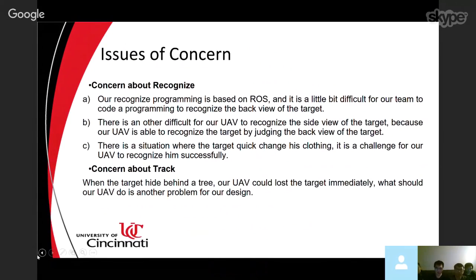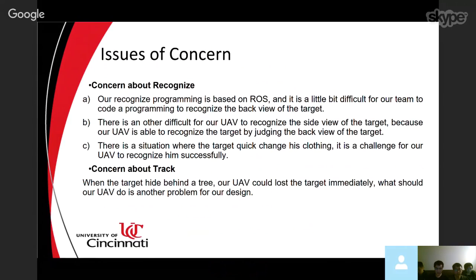Now I want to talk about the issues of concern we will meet in future design. Those issues may happen in the recognition part and the tracking part. We may meet three issues of concern which will inhibit the success of our project. The first is the programming about the recognition.